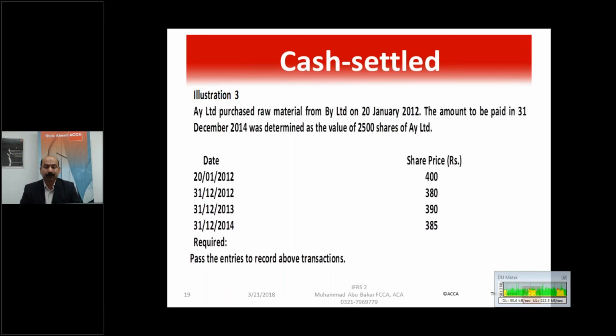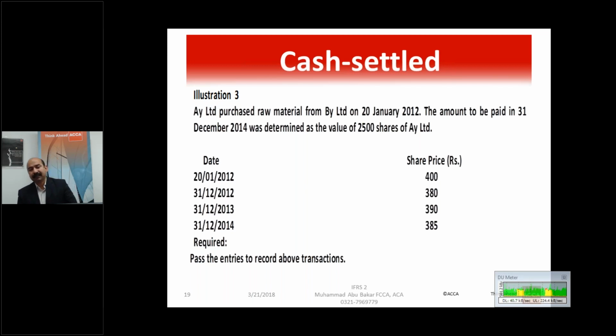Now on 31st December 2014, you actually paid this money based on 385. Now remember, before this payment, what is our liability? Liability is 975,000. You paid as per the fair value at the date of payment. So you are required to pay 962,500. You paid this amount, but in fact liability is higher than this. This difference will again go to the profit and loss account.